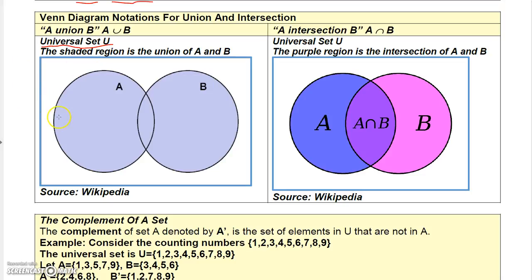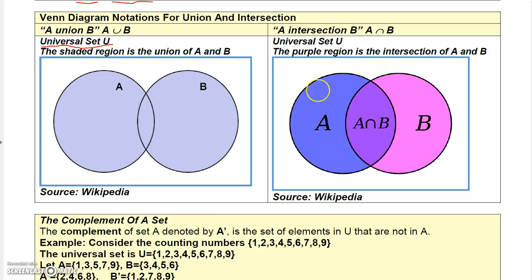Now, if you look at these two symbols here, the first circle is set A. The second circle is set B. Notice that I've shaded everything in A and everything in B. Basically, that means that set A plus set B represents the union. So everything shaded there is the union.